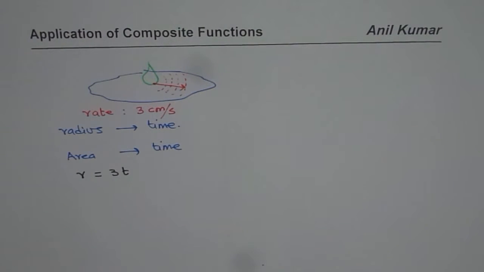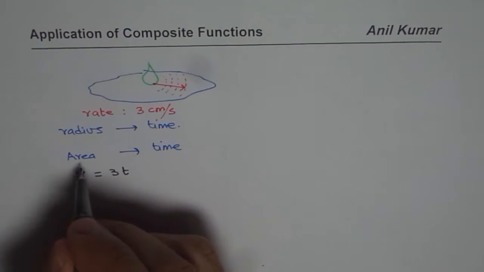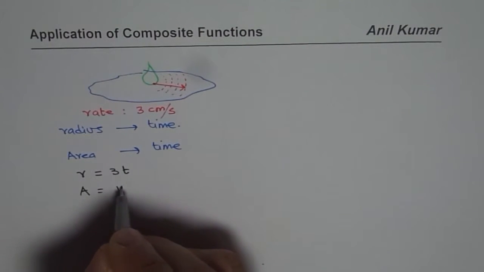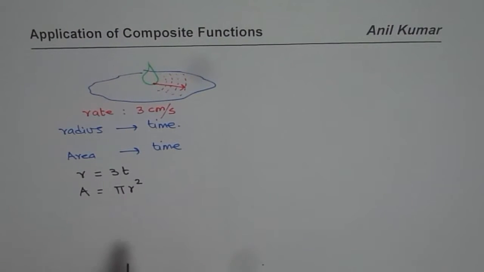So that is the radius. Now how about the area? As far as area is concerned, we know area A is pi r square.